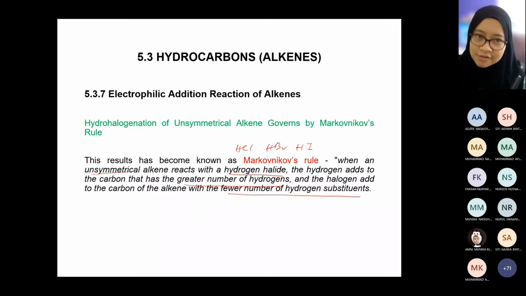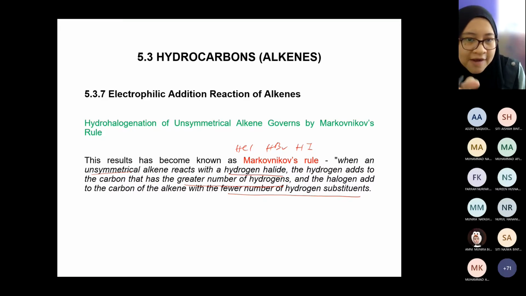This is the same as what we learned for halogenation just now, halogenation in water, and the more substituted and less substituted. It's more or less the same. It's just that Markovnikov is more specific for hydrogen halide.